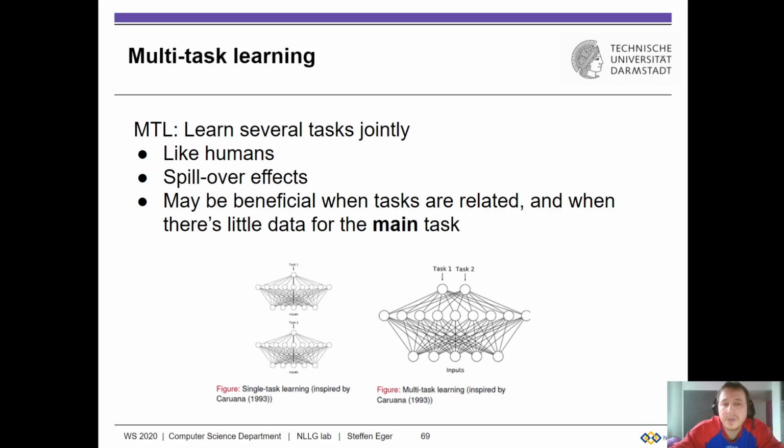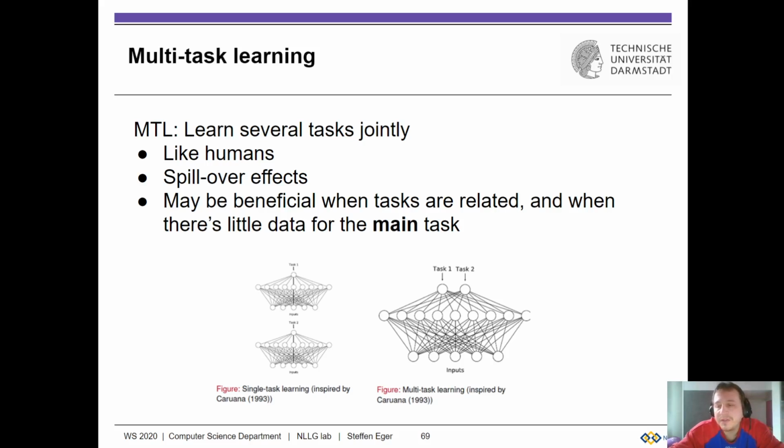So what learning one task means, you do like part of speech tagging or sentence classification. And while this is cool, it's not how humans learn. Usually, we learn multiple tasks jointly. So, for example, babies learn to see and to name an object jointly.